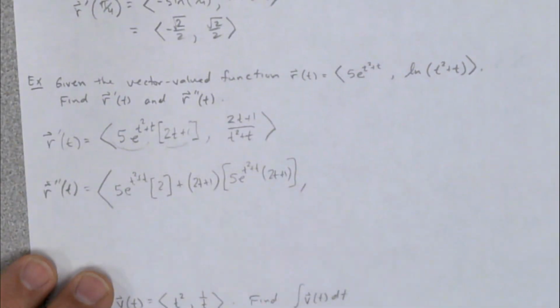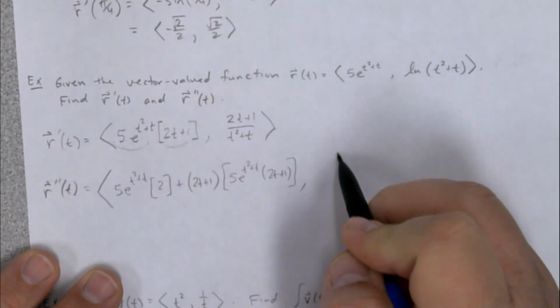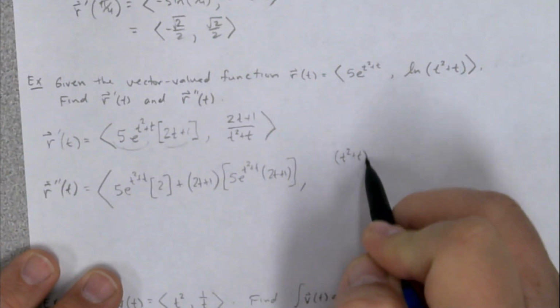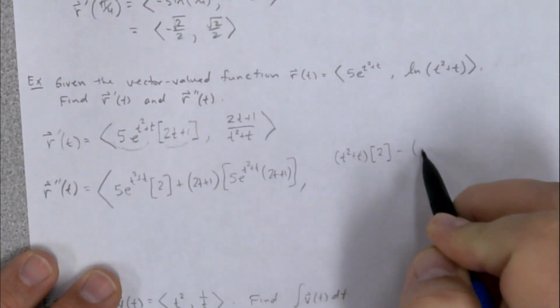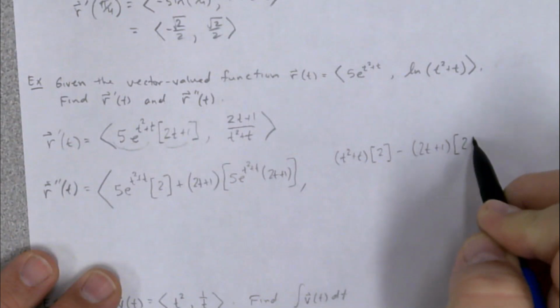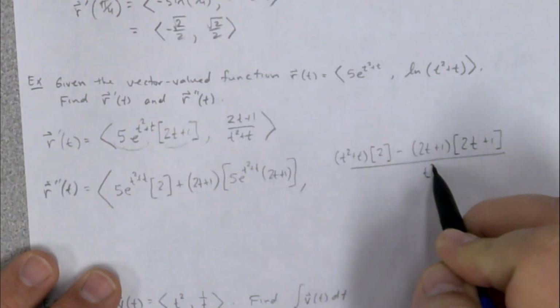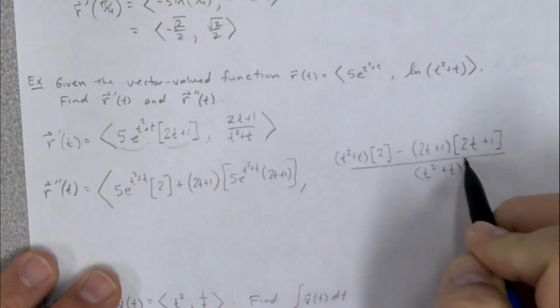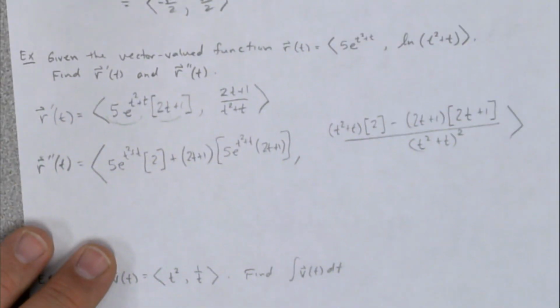And that's the first part. Now I have to take the derivative of that, so you can see clearly we have the quotient rule, which is going to be the bottom times the derivative of the top, and then the top times the derivative of the bottom, all over the bottom squared. So that is the second derivative.